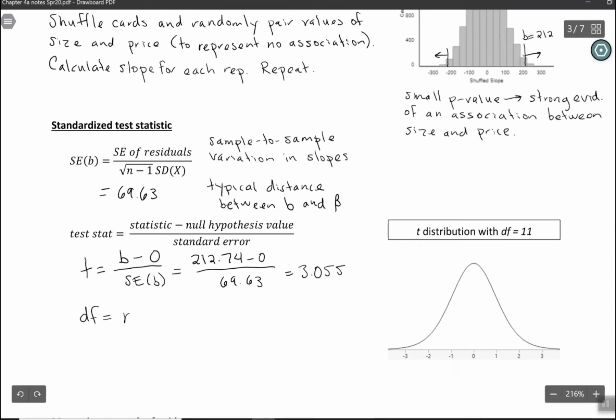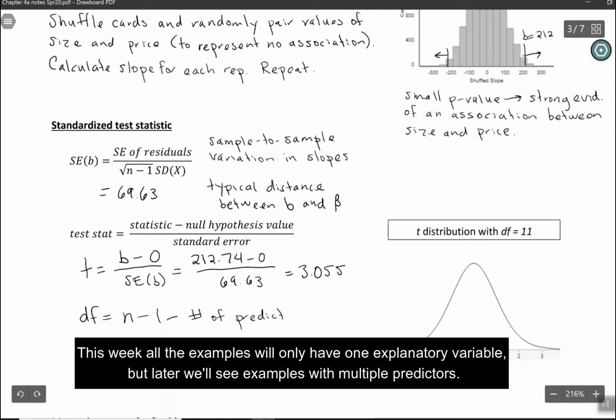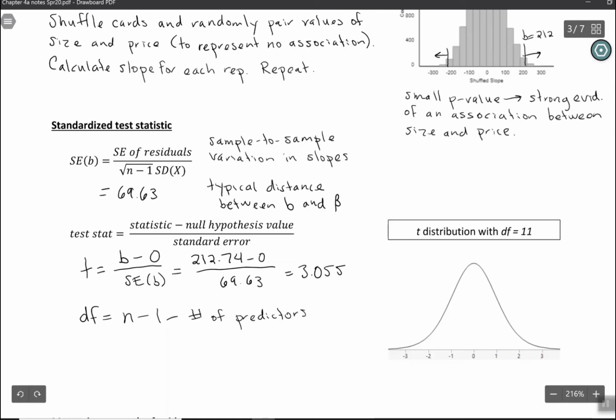But for regression, it's going to be the sample size minus 1 minus the number of predictors you have. In this case, we're using just one predictor. We're only using size to predict the price, but later we'll see examples where we have more than one predictor.